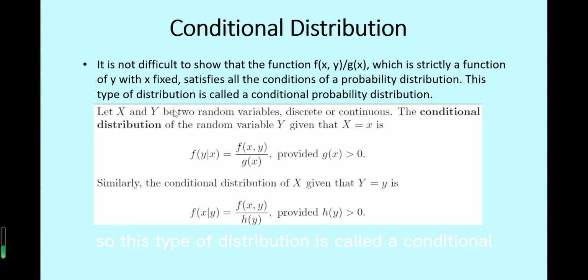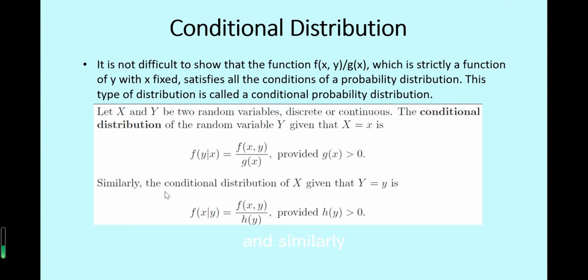So this type of distribution is called a conditional probability distribution, and the definition is: let X and Y be two random variables. They can be discrete or continuous. Then the conditional distribution of the random variable Y, given that X is x, is f(y|x) equals f(x,y) divided by g(x).